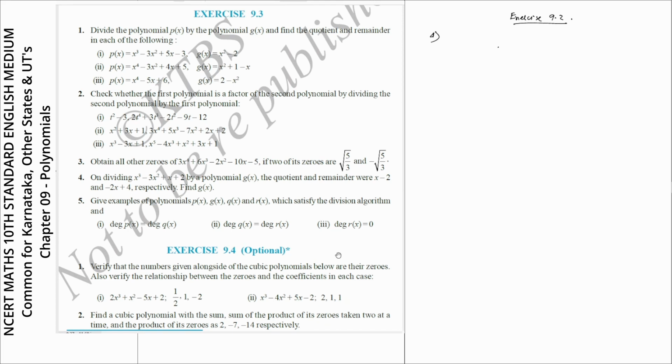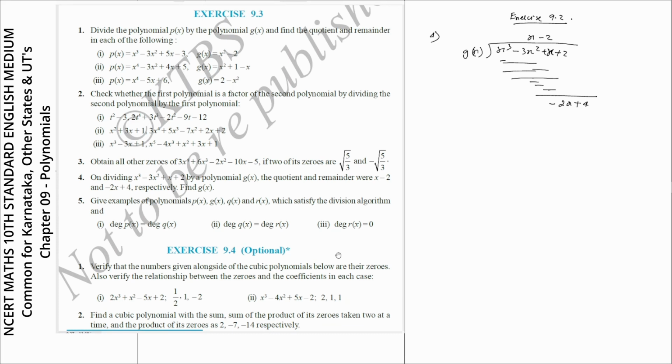So the meaning of this sentence is x cube minus 3x square plus x plus 2, if we divide this polynomial by g of x, ultimately we get quotient as x minus 2 and remainder as minus 2x plus 4. That's the meaning of that sentence.